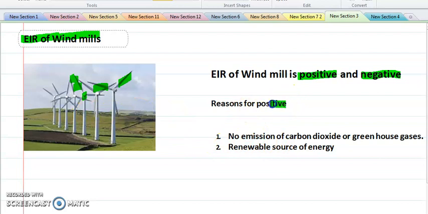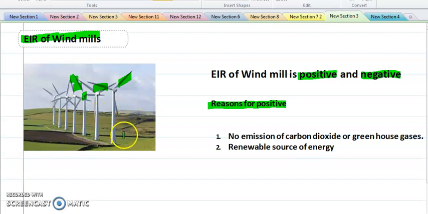But it will be quite a new thing for you that a windmill will have a negative impact on the environment also. So there are many negative impacts also. Like you can see here in this picture, when windmills are established, they take a lot of land. This land can be used to cultivate crops or even to grow plants.